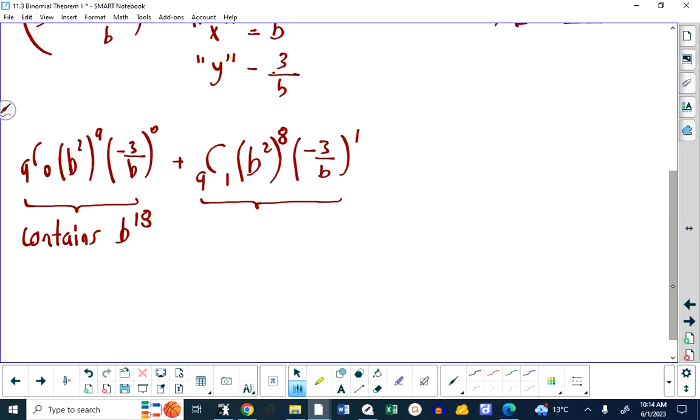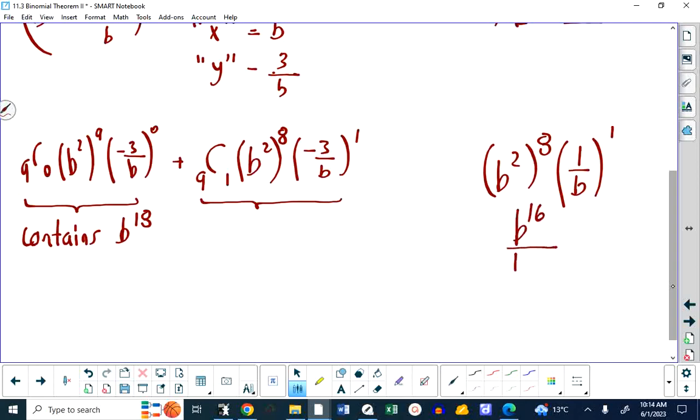Well, when we simplify b squared to the 8 times 1 over b, I'm only looking at the variables, we get b to the 16 over b to the 1, which will contain b to the 15. This is not the term we're after. Before I do one more term, is there a question with this?